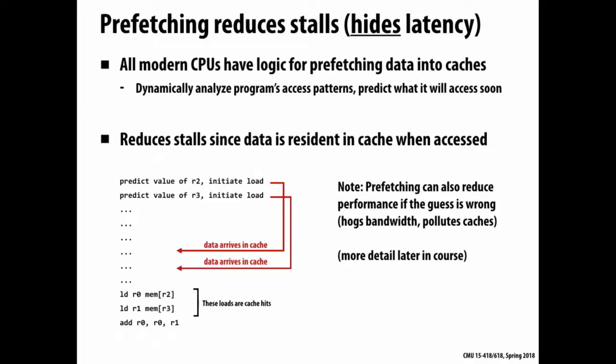So one thing that's gone on in hardware is to try to guess, just like it guesses which way branches will go, what memory locations you're going to access next. And that's called prefetching. If it sees a pattern going on, that I'm accessing every 4th memory location because it's some loop, it doesn't actually look at the code.